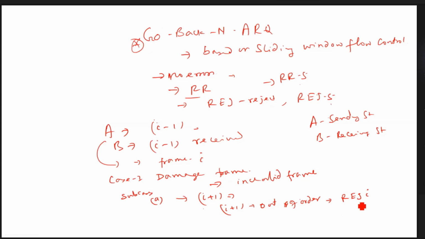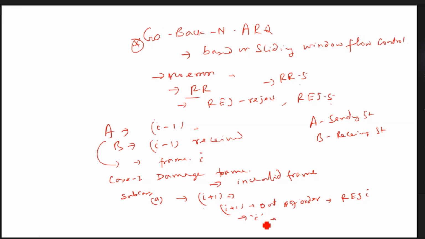After getting this reject, A will transmit frame I as well as the other subsequent frames. Not only the ith frame, because after transmitting I, it will transmit the subsequent frames also. But those frames will be discarded by B unless it receives the frames in sequence.